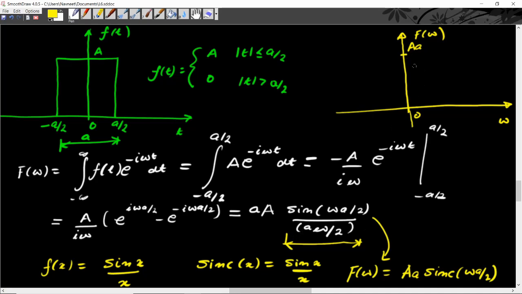So the amplitude of the sine wave goes down, and therefore we'll get a plot something like this.